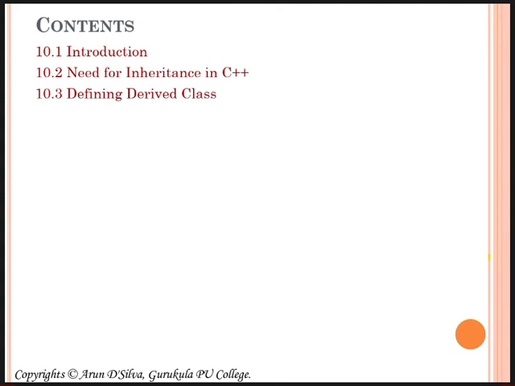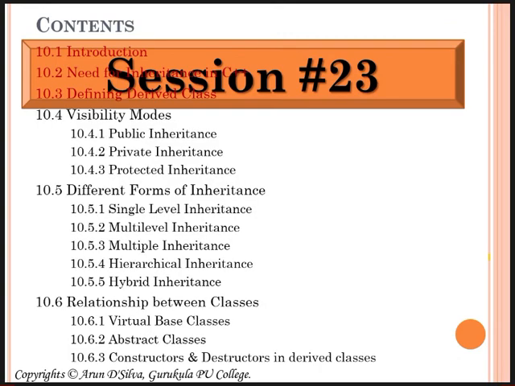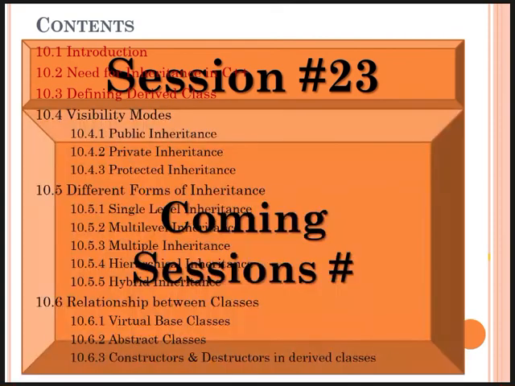Then defining derived classes by public mode, private mode and protected mode we have seen in session 23. And we are going to see visibility modes, different forms of inheritance and the relationship between classes in the coming session.